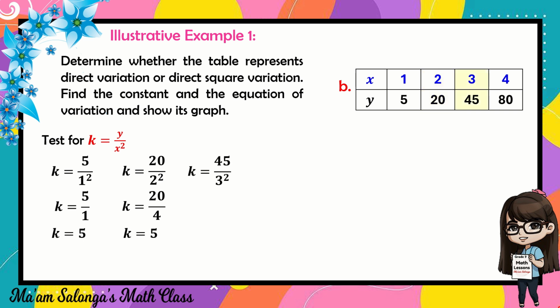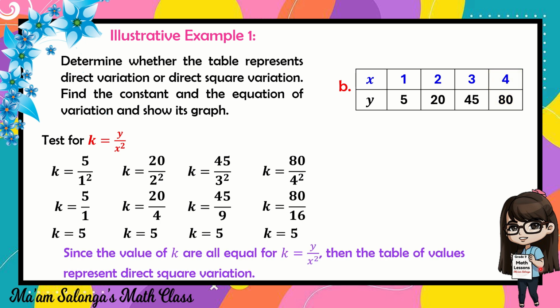Next, 45 over 3 squared. 3 squared is 9. 45 divided by 9, that is also 5. Then, lastly, 80 over 4 squared. 4 squared is 16. 80 over 16, that is also 5. If you observe, all the ratios are equal to 5.